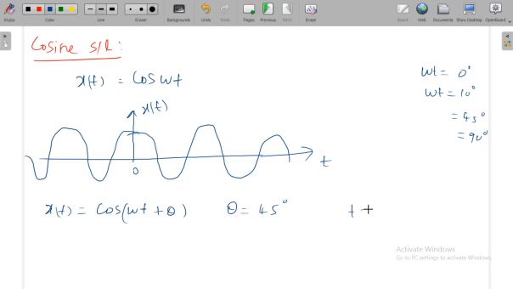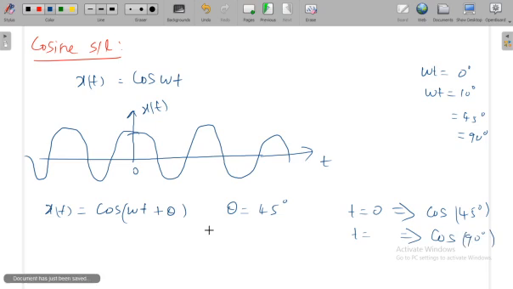So what is the idea? When t is equal to 0, what am I getting? Cos 45 degree. Then after some point of time, my omega t will give you some angle. Say suppose it is giving you 45 degree at some time, then your cos goes from 45 to 90 degree. Then where exactly will my diagram start? Either here or here.